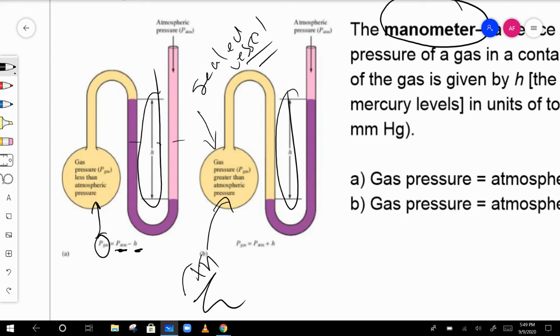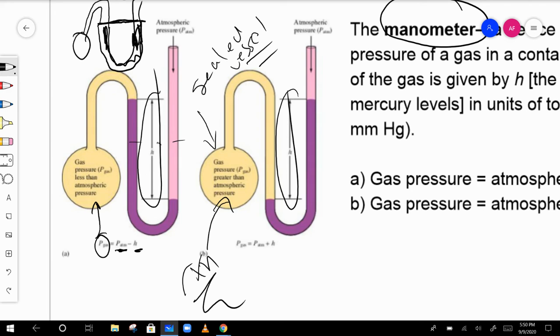So a manometer usually starts out, I'm just going to make a really ugly one here. Usually the liquid will start at the same level on both sides. My really ugly manometer there.